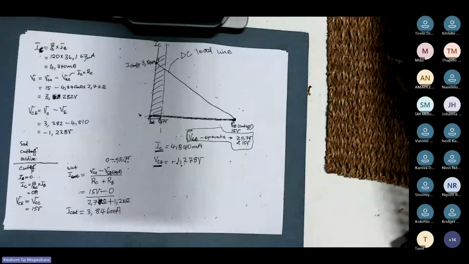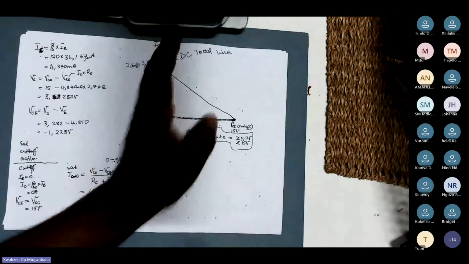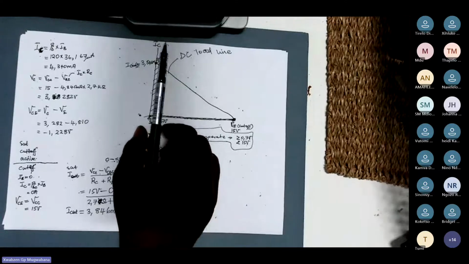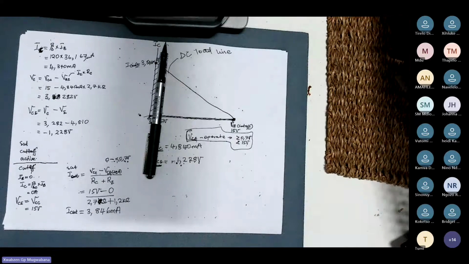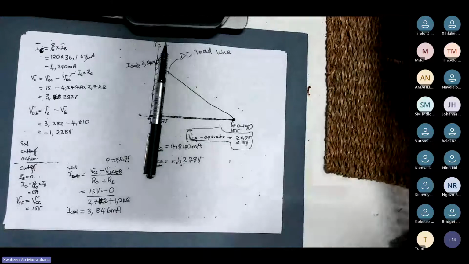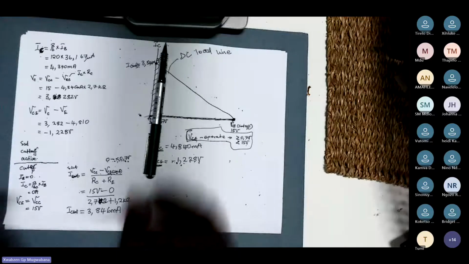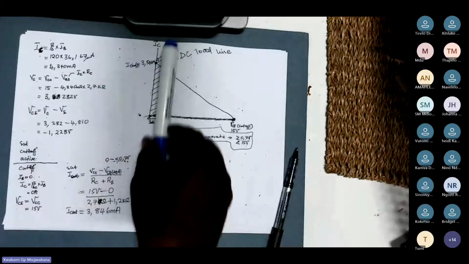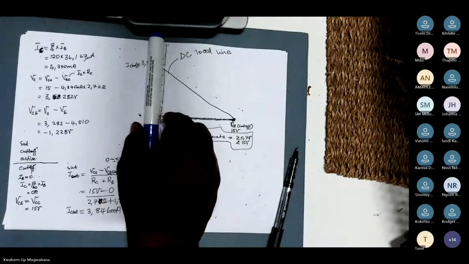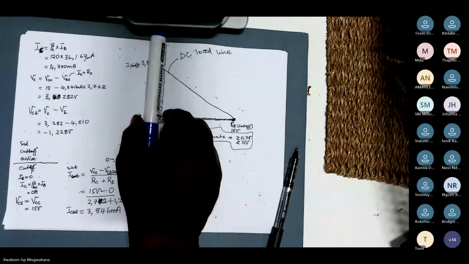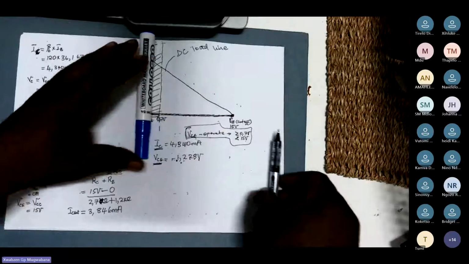Remember, you want your transistor to stay between the saturation point, which means between this point and these points here.